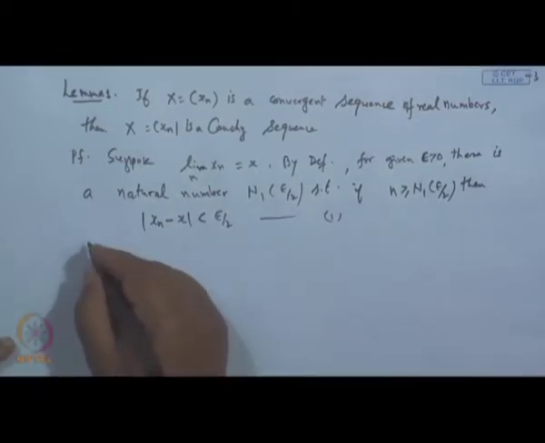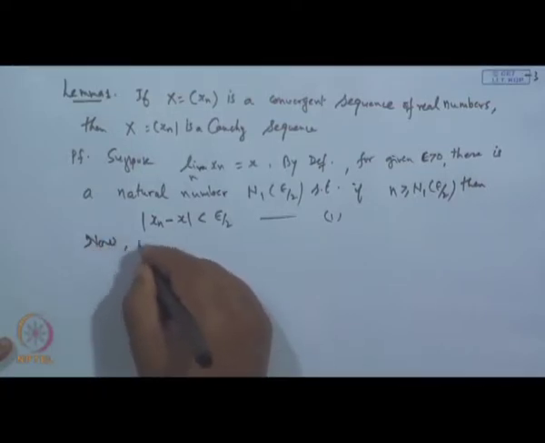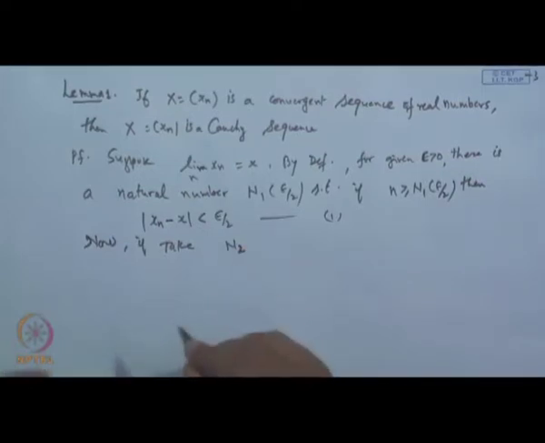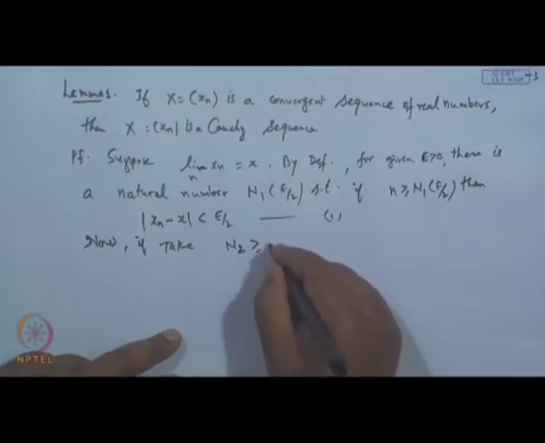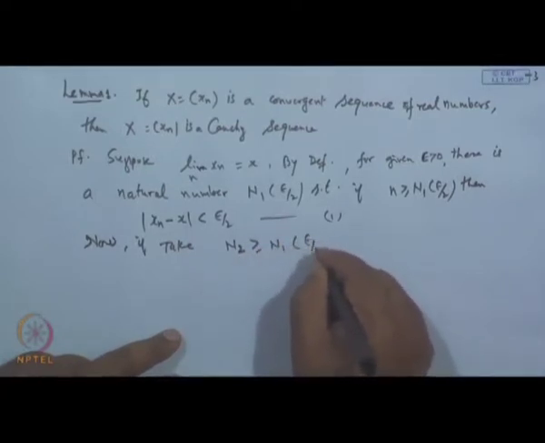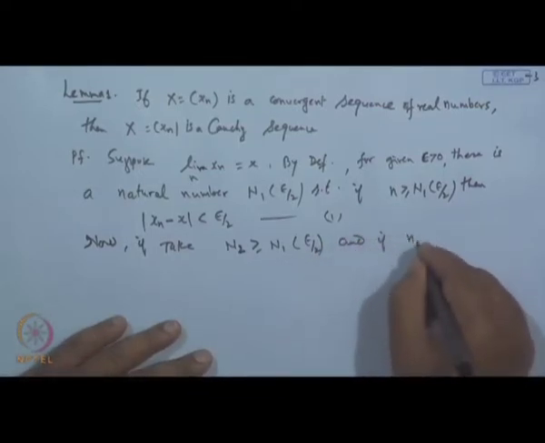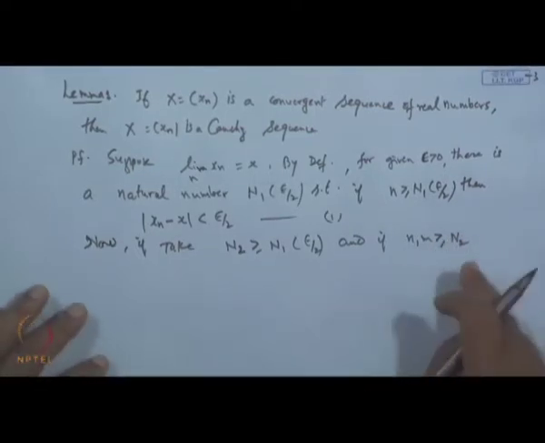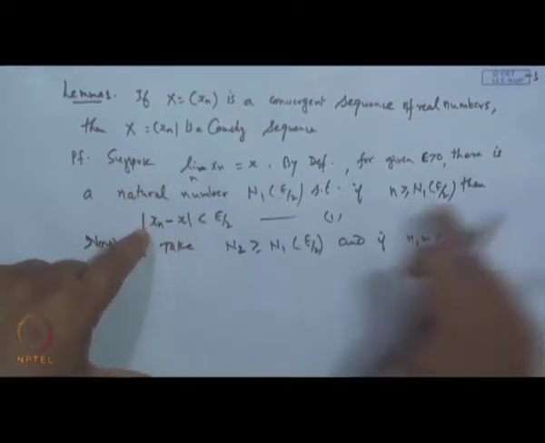Now, if we take another number n 2, which is greater than or equal to n 1, and if we choose n and m greater than or equal to n 2, then obviously for this particular n 2 this result is also valid, because this is true for all n greater than n 1.